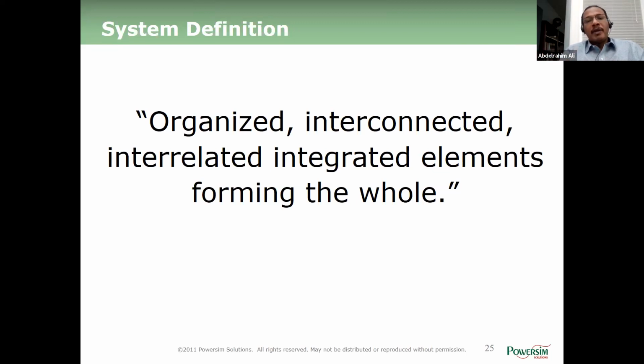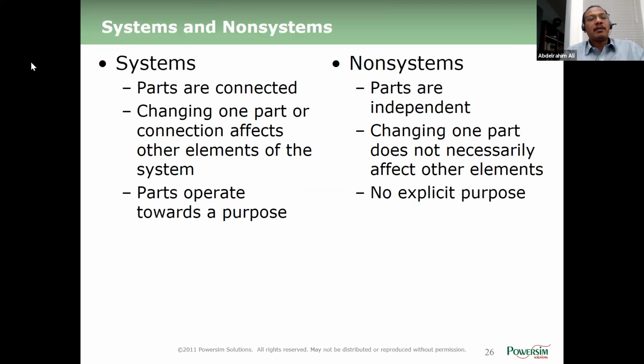And the main thing here in the system is that its parts are connected. Changing one part or connection affects the other elements of the system. And also these parts operate towards a purpose. There is a common goal. There is a purpose for the system. All its parts are working together to achieve these goals.